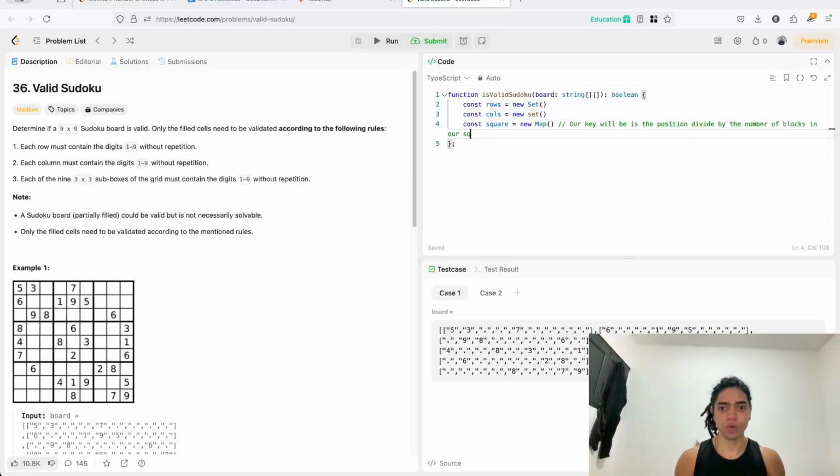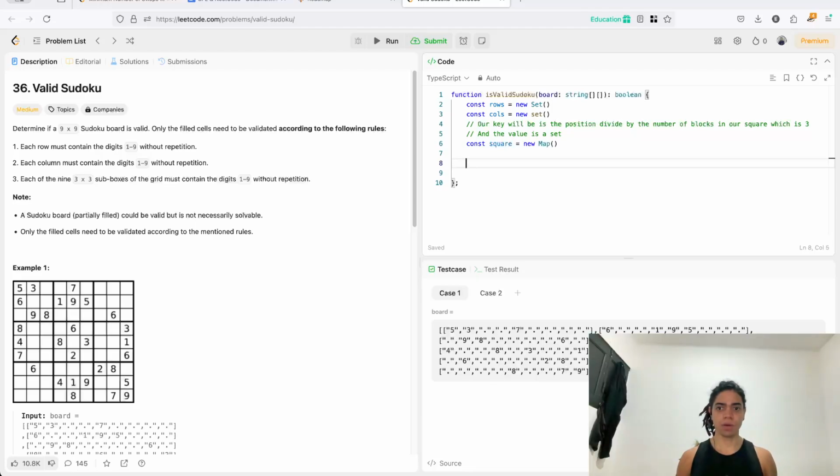Our key will be the position divided by the number of blocks in our square, which is 3; once we divide this by 3, we know where we're going to fit this. Our key will be the position divided by the number of blocks, and the value is a set.